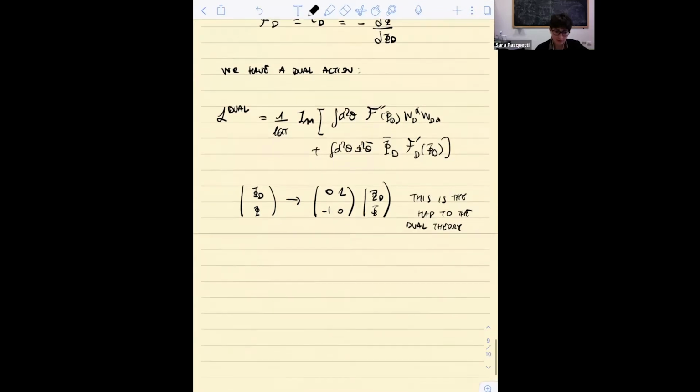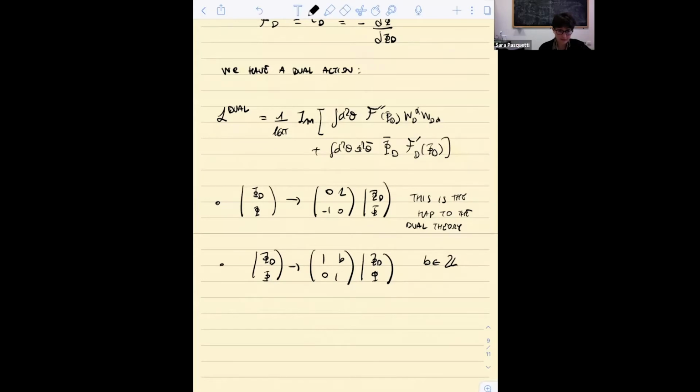So in addition to this transformation, which produces a dual description of the theory, we can do another transformation. We can take phi dual and phi and send them to the action of this matrix with b an integer.